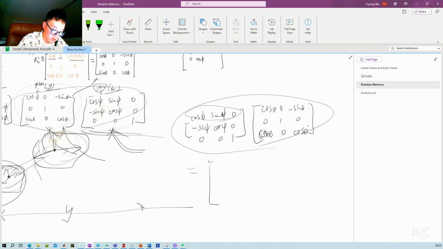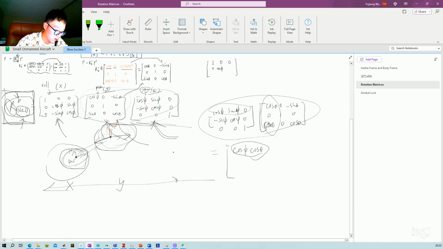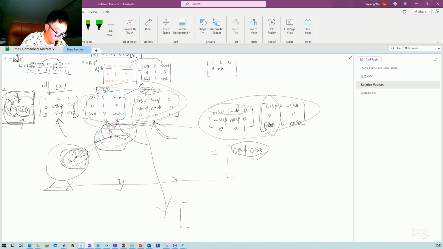Using this one multiplied by this, it will give you cosine phi, cosine theta, and this is 0, this is 0. So your first component is that. However, if you multiply these two, your first component is actually cosine theta, cosine phi, and then this is 0, this is 0.